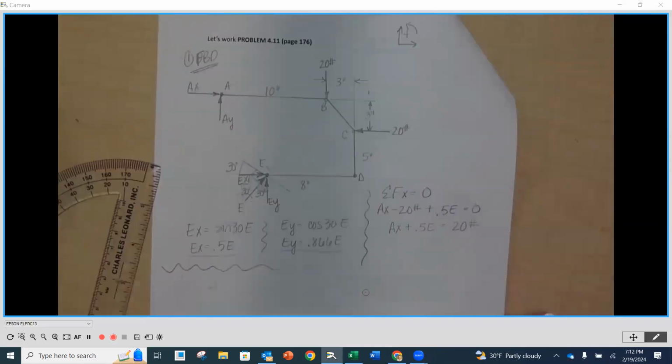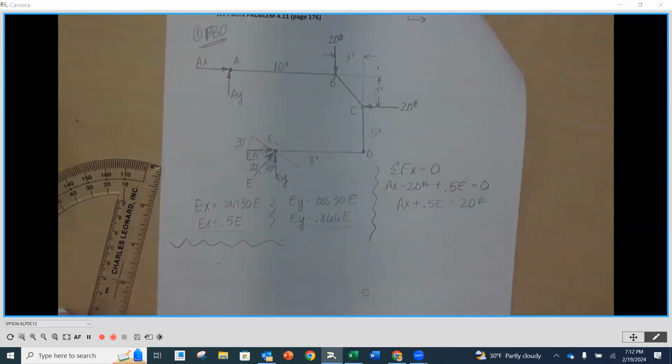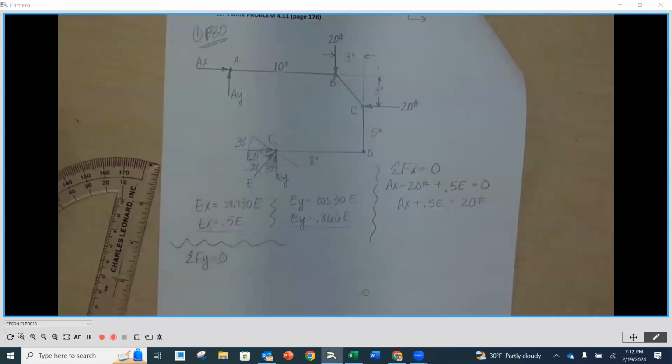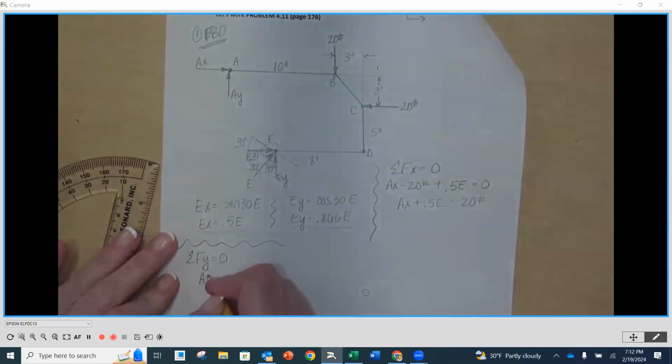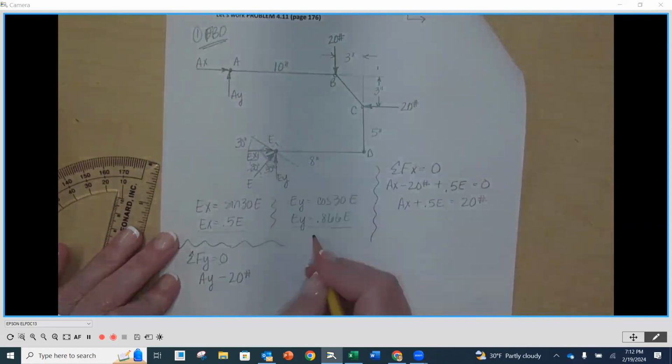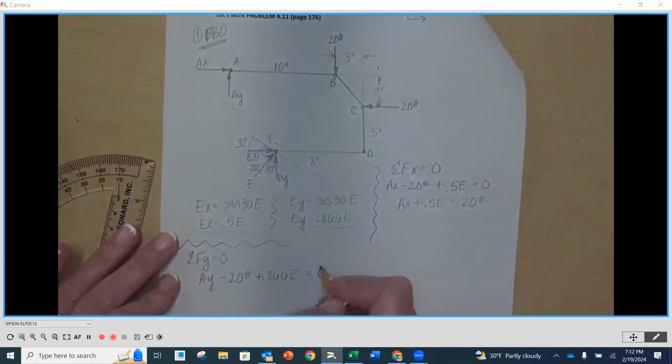Now what do I want to do? Sure, let's try the forces in the Y, see how far we can get. So sum of the forces in the Y equals 0. So we look at everything vertical. I've got a positive AY, a minus 20 pounds at B, because it's going down. And then I've got a positive EY, but I'm going to write a positive 0.866 E, equal to 0.